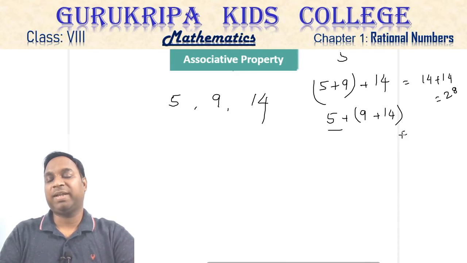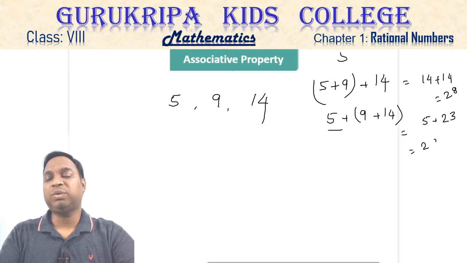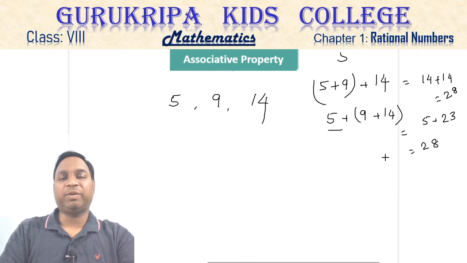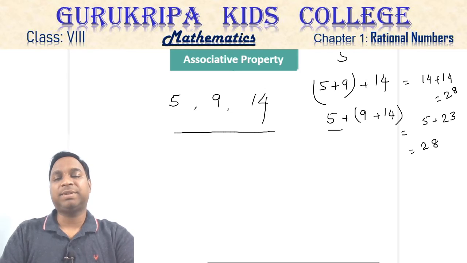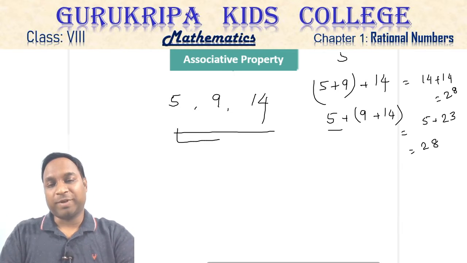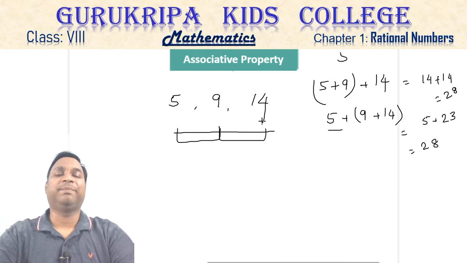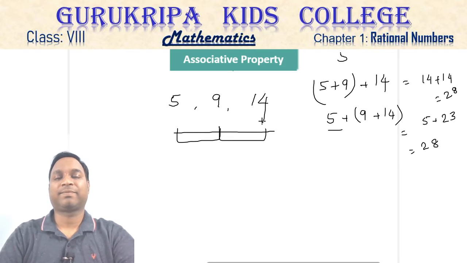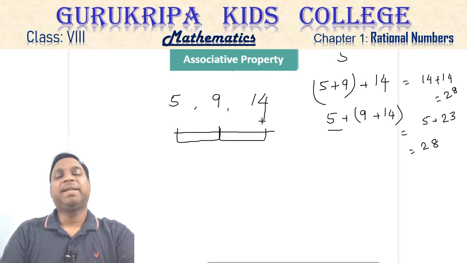And if you do it this way, what is it? 5 plus 23. That is also equal to 28. So when you have to add three numbers, whether you add the first two first or the last two first, the result is the same. चाहे किधर से भी स्टार्ट करो, किसी भी तरफ से स्टार्ट करो, it does not matter. ठीक है? Same for addition.